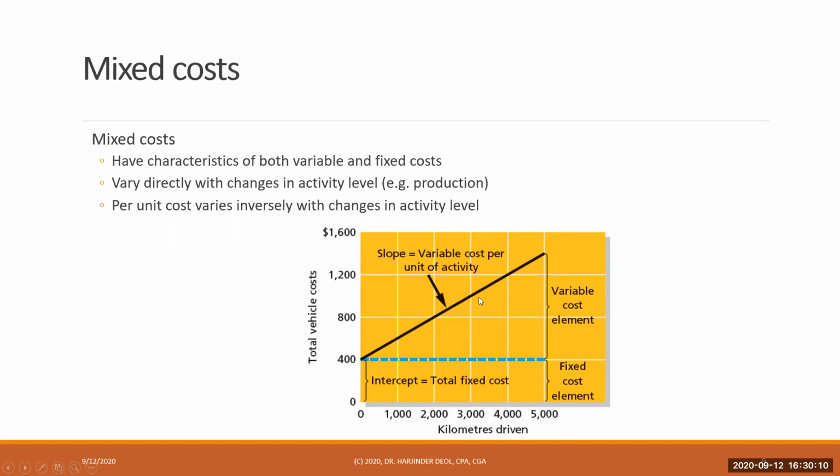And slope, if you remember from grade school, is essentially rise over run, right? So that is the approach we take when we apply the high-low formula that we are going to look at in a couple of slides.